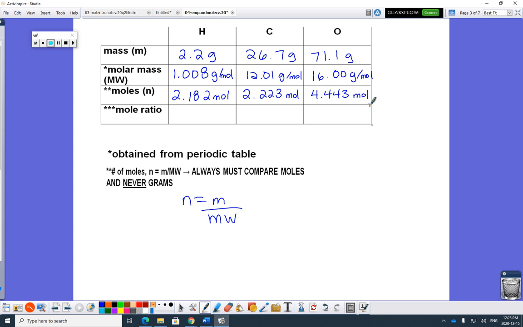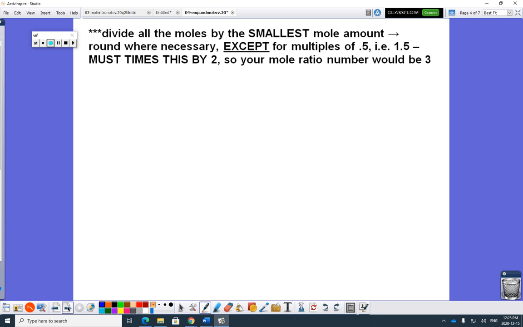Okay, so then when you get to the mole ratio, get out your highlighter, or underline it or whatever, because this is really the newest part. Everything else so far we've already done.